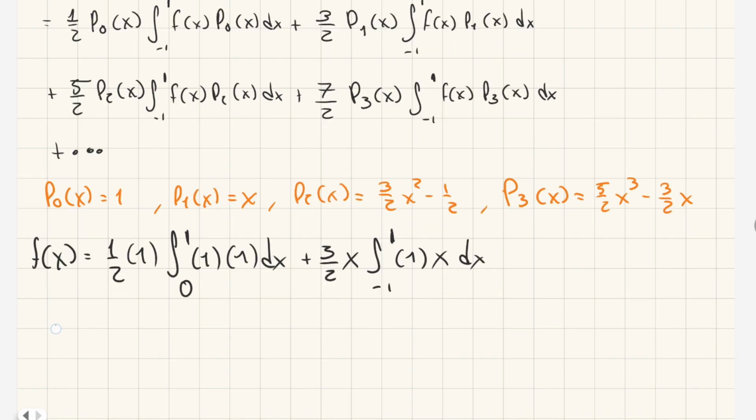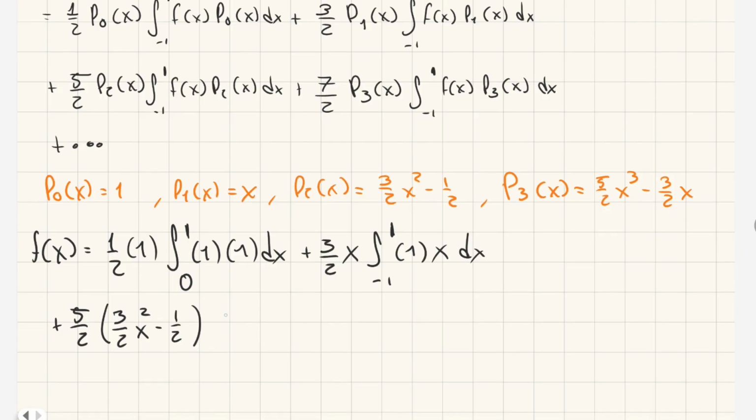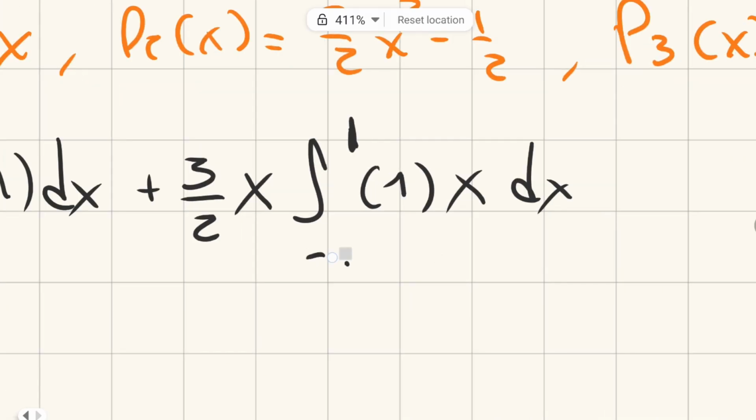And then we will have plus 5 divided by 2 p sub 2 of x, which is 3 divided by 2 x squared minus 1/2. And then the integral, and remember that here is again the integral from 0 to 1.